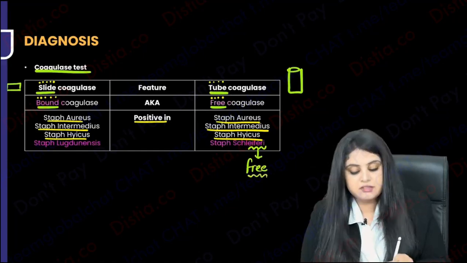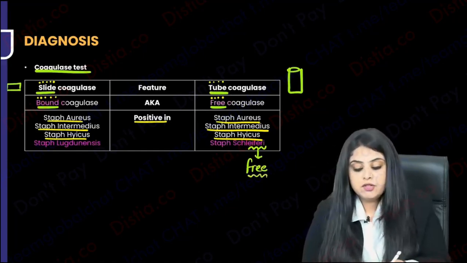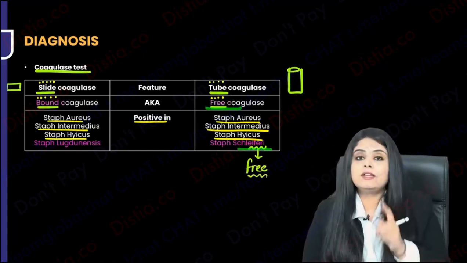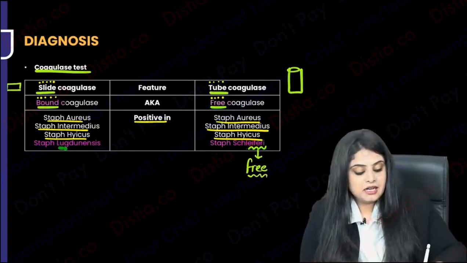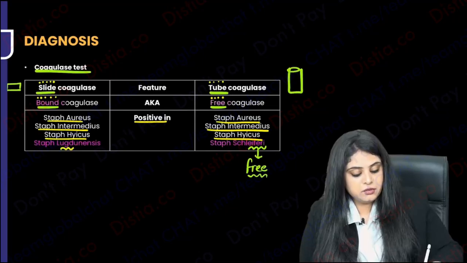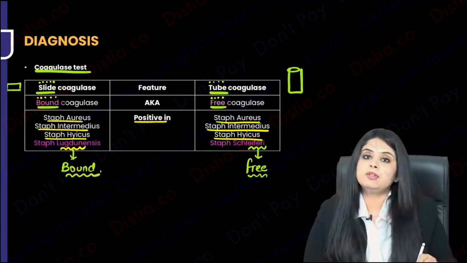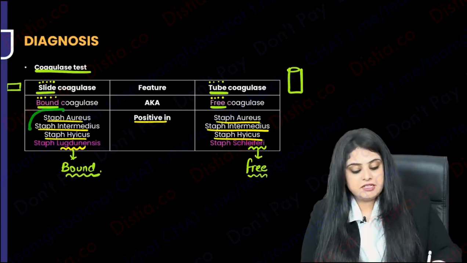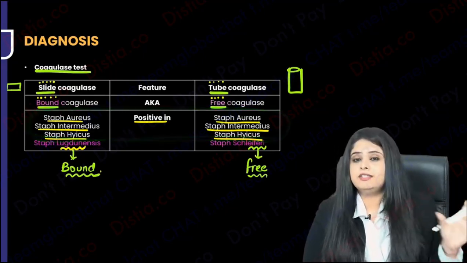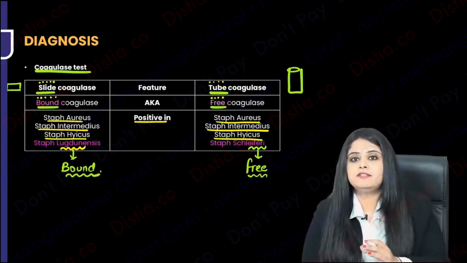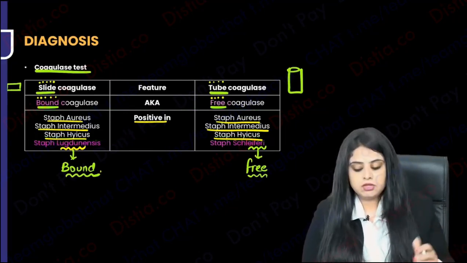From today onwards, call it Staph schlieffree. So you will know that schlieffree has free coagulase. And lugdunensis is gonna sound like bound. So this is lugdunensis, bound. That is gonna have bound coagulase. Otherwise, Staph intermedius, hyicus and aureus, they are gonna actually have both. But lugdunensis has bound and schleiferi has free. Memorized? Should I tell you the logic behind it?